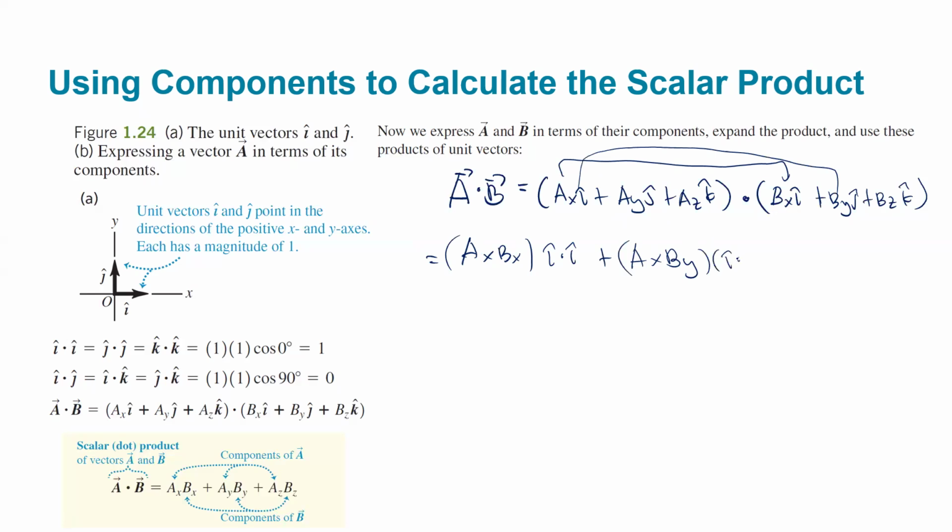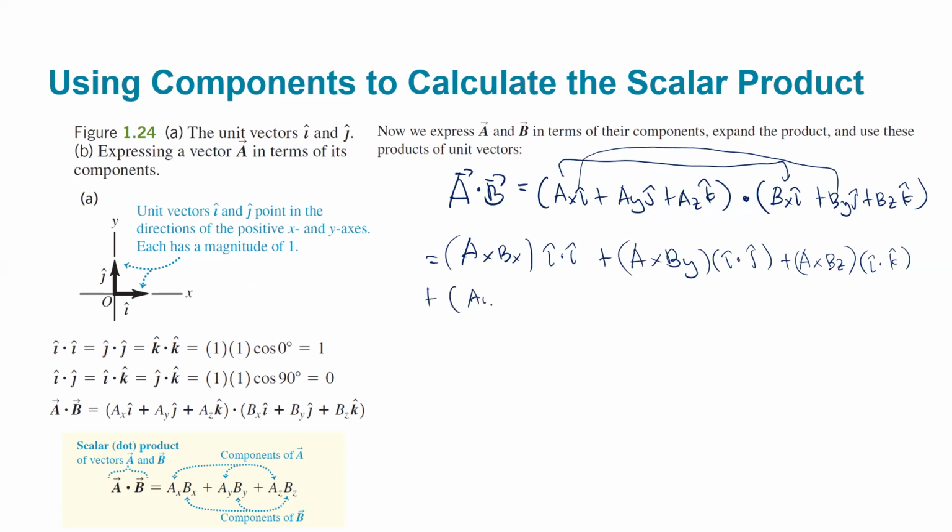We have i hat dot j hat, so next plus AX BZ, i hat dot k hat. Okay, and so on.